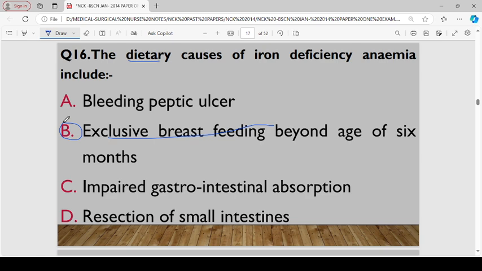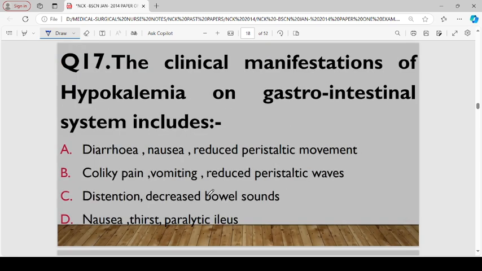Impaired gastrointestinal absorption and resection of the small intestines are going to reduce the absorption surfaces for iron, and that may not be directly linked to diet, right? So breastfeeding is the main culprit there.